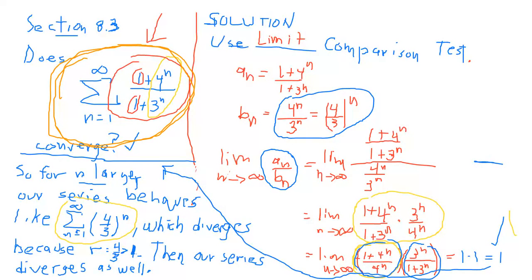Because 4 to the nth power is much greater than 1, and 3 to the nth power is much greater than 1 also.